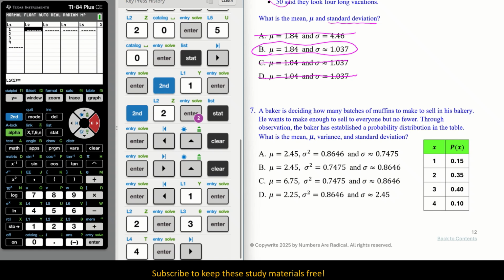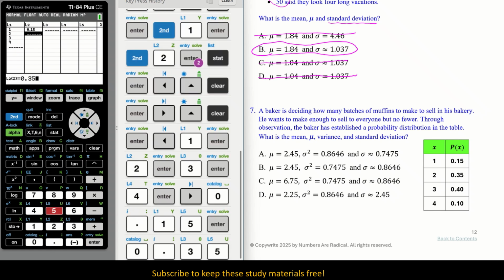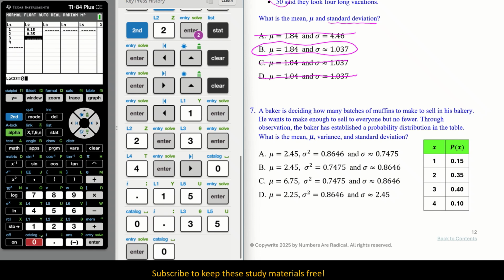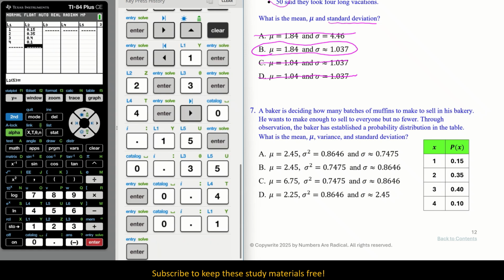Looks like he has occasions where he knows what he sells. So the probability for the first one is 0.1, 2, enter, 0.35, enter, 0.4, enter. You don't need to press the 0, it'll be fine. And 0.1, enter. Looks like we're good to go.